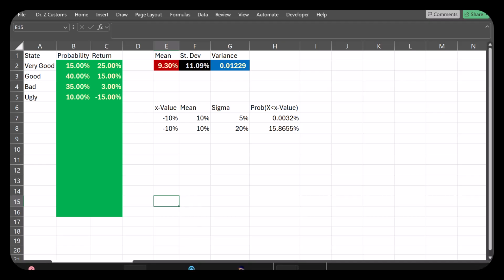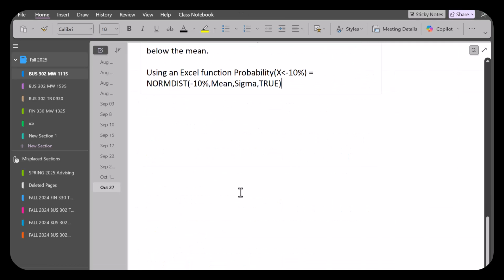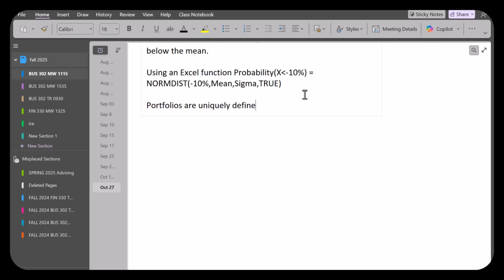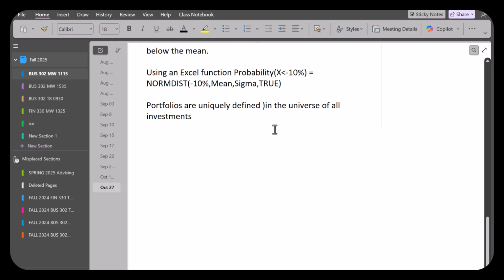Portfolios are uniquely defined in the universe of all investments by the portfolio weights.